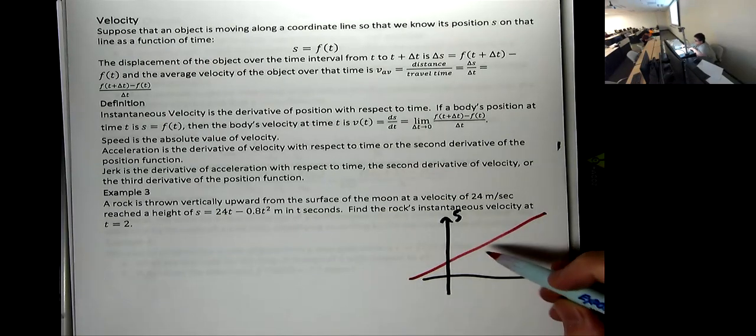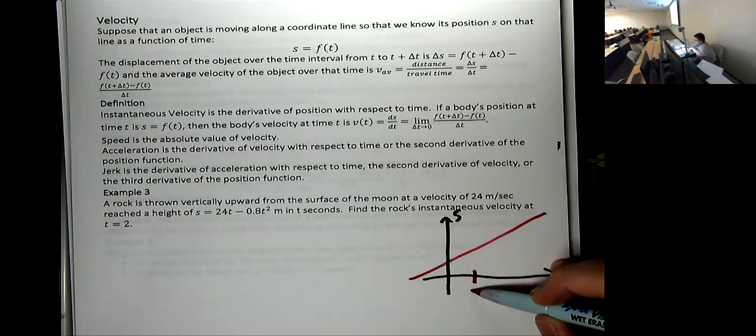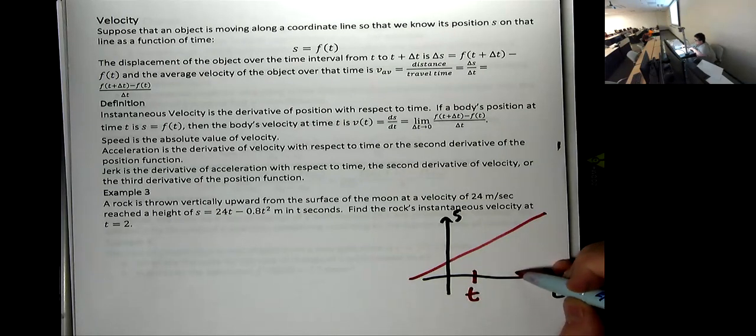At this time it's time t, and when we go a distance over delta t, this is t plus delta t.